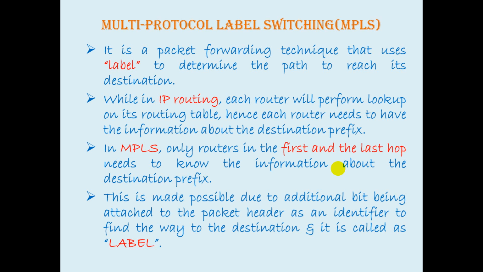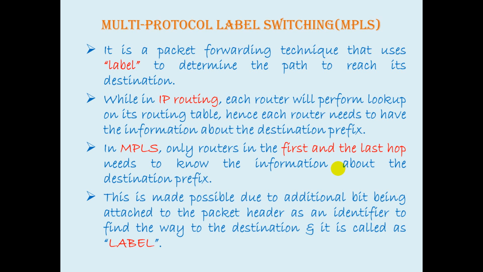The first router on the edge of the MPLS enabled network will have the information for the destination prefix, while the last router on the edge will have the destination prefix. This is made possible due to an additional bit which is attached to the packet header as an identifier, and this identifier is called a label.